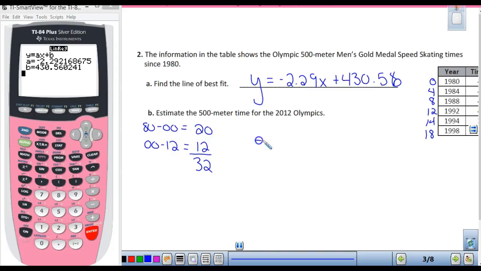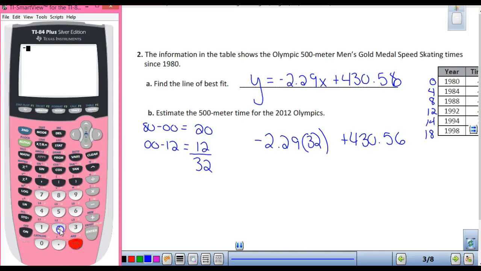Okay, so what are we going to do with that 32? Put it in brackets. So negative 2.29 times 32, plus 430.56. Negative 2.29 times 32.